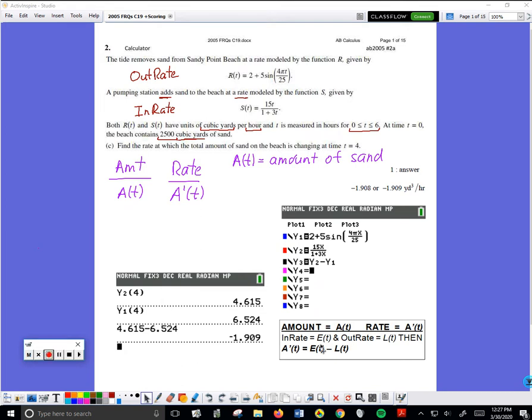Take the in rate, subtract the out rate to get the overall rate. So you'd write on your paper for the grader to see A prime is equal to the ingoing rate, S of T, subtract the outgoing rate, R of T.